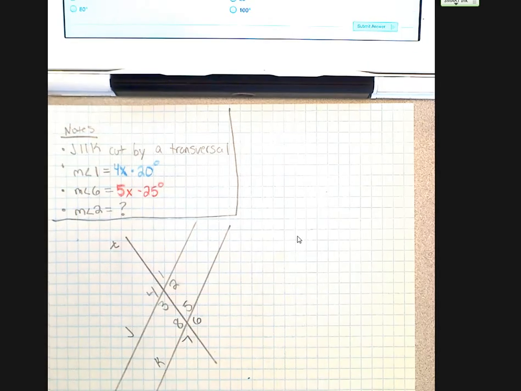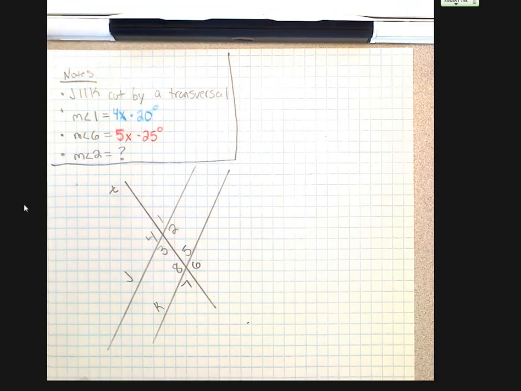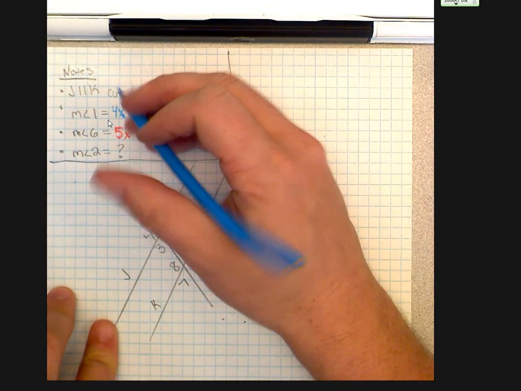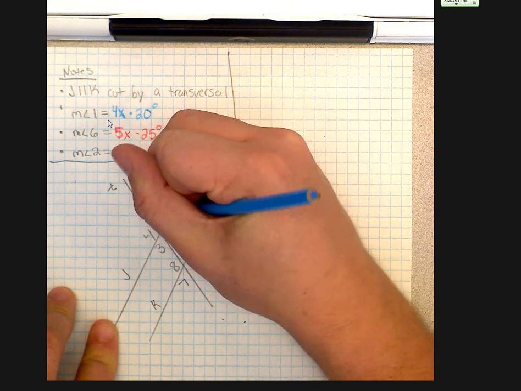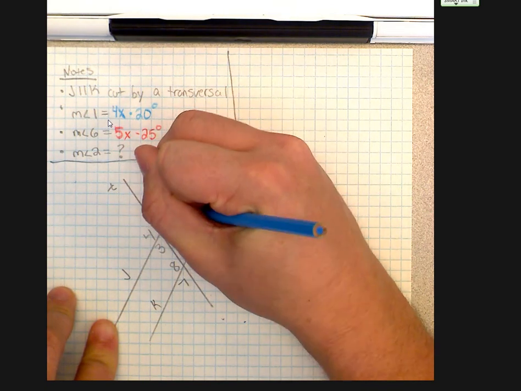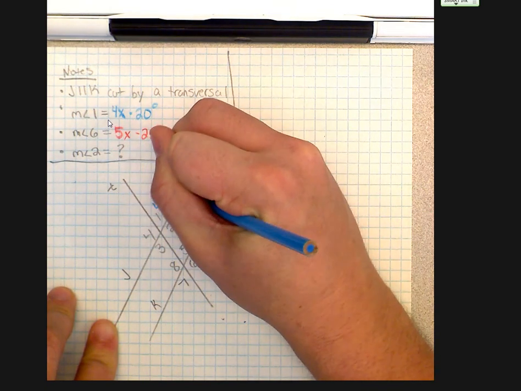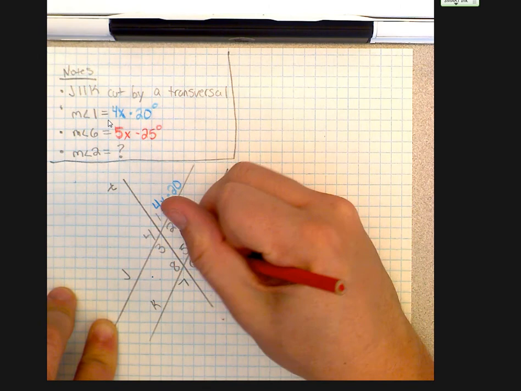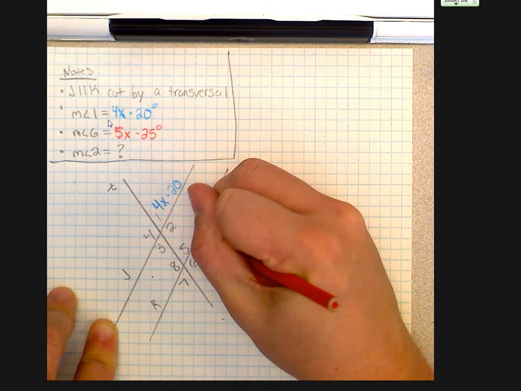And I also want to fill in what I know. So they told us that the measure of angle 1 is represented by the expression 4x minus 20 degrees. So I know that's angle 1. Angle 6, I'm going to fill in that as 5x minus 25 degrees.